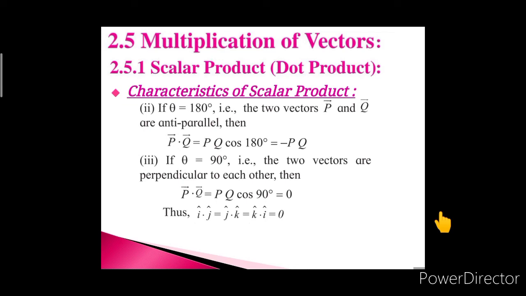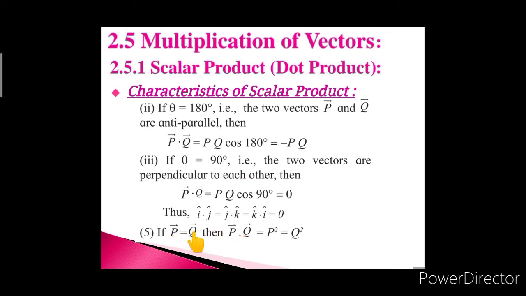The next characteristic is, if the two vectors are equal, that is, they have the same magnitude and direction, then what will be the product? So, when vector P is equal to vector Q, we can say that vector P dot vector Q is equal to, as per the formula, PQ cos theta.